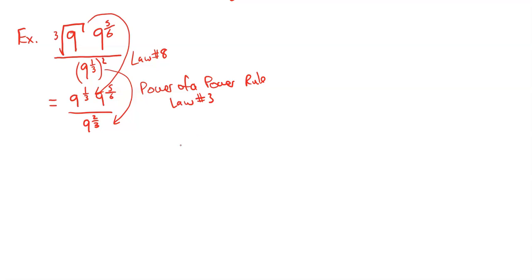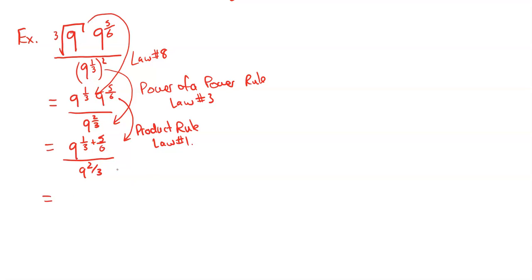And now we're going to use the product rule. So that's going to be the next thing. We're going to simplify what's in the numerator here. So I'm going to go 9 to the power of 1/3 plus 5 over 6. This was our first law. And I'm going to keep it divided by 9 to the power of 2 over 3.